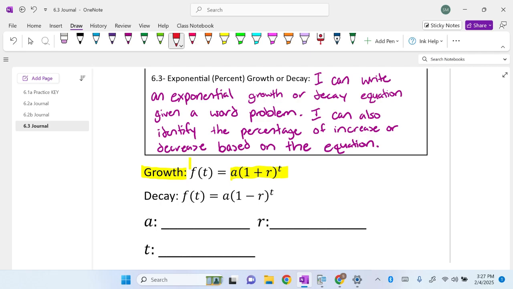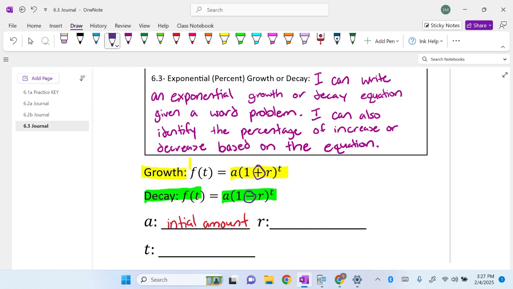Well, now the a value is still our initial amount. So when we're talking about word problems, a is typically your initial amount, and that's when you're talking about either growth or decay. If you notice, the only difference between growth and decay is that growth has a plus, decay has a minus. And we'll talk about in a second what that means.